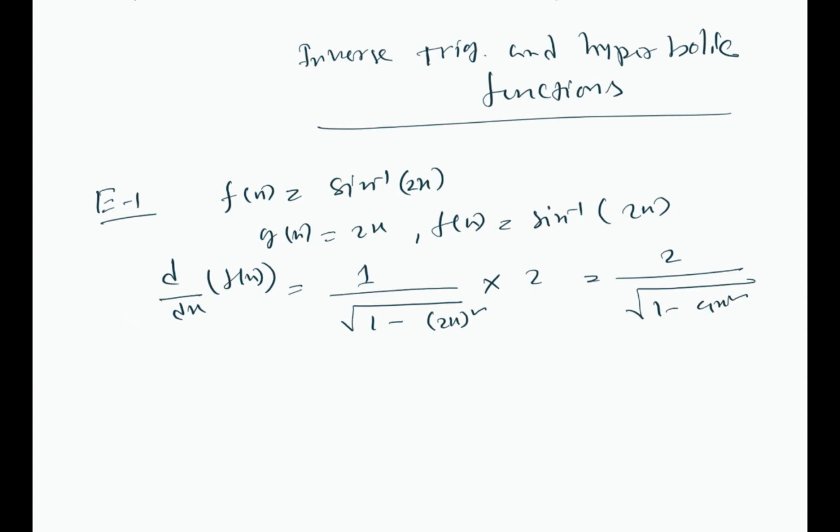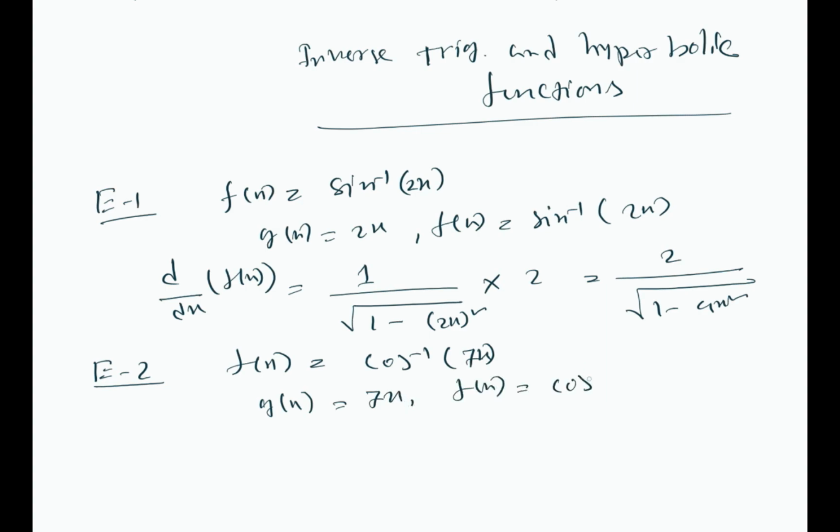Okay, so example 2. For example 2, our function is inverse cos of 7x, and again our inner function is 7x, and the outer function, which is the original function, is inverse cos of 7x.